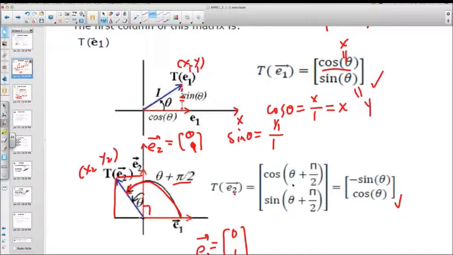I use the same formula above, but change the angle to be pi over 2 bigger. By trigonometry, I get negative sine theta, cosine theta. So basically, transforming E1, I get cosine, sine. Transforming E2, I get negative sine, cosine.